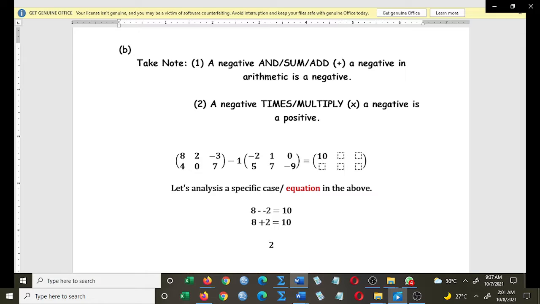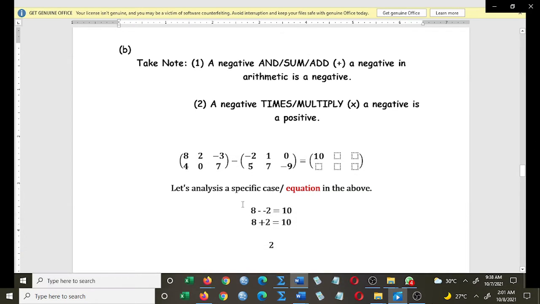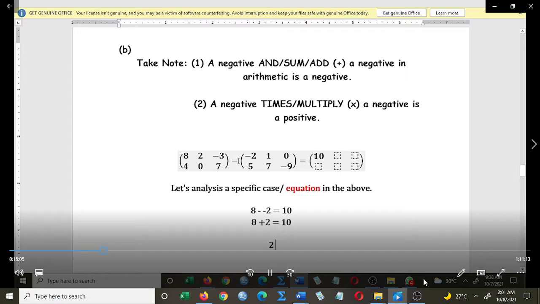Call it out for me. 2 minus negative 2. You see, the times is confusing us, as you said about the bracket. It looks like it's multiply, but you are multiplying by the negative 1 that was there. If I take out the 1, it's 8 minus negative 2. So it's 2 minus negative 1. 2 minus what?